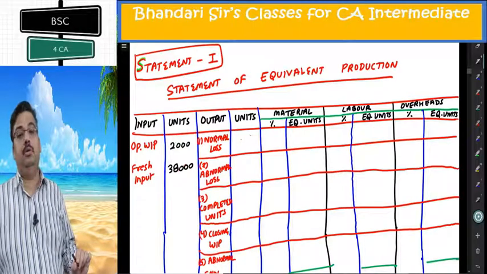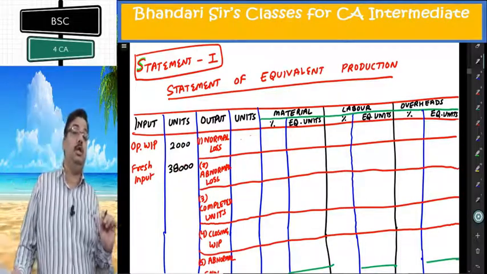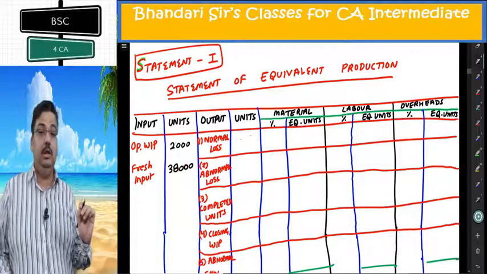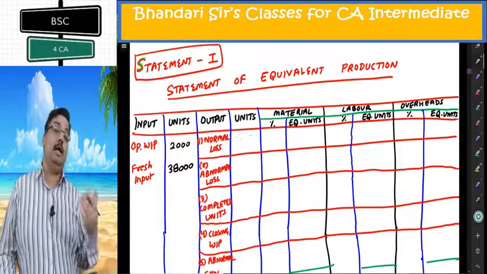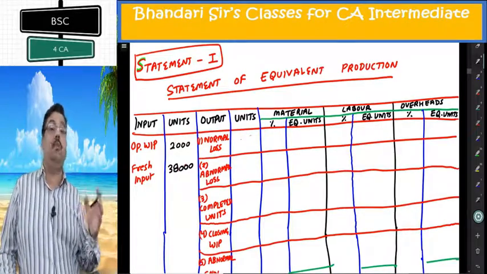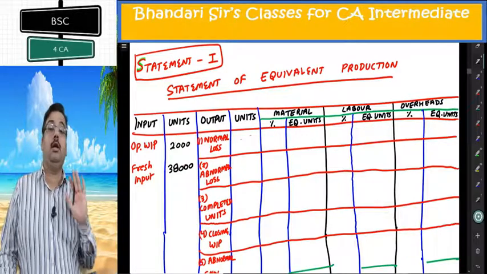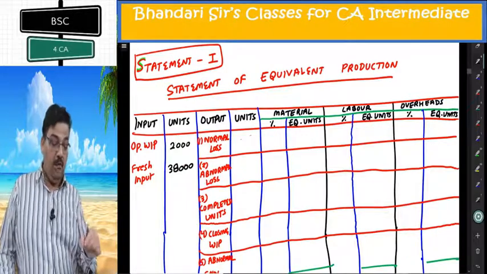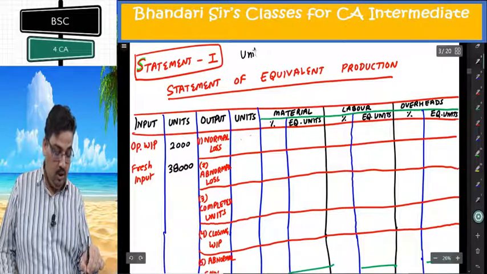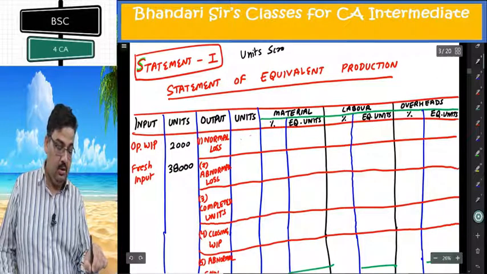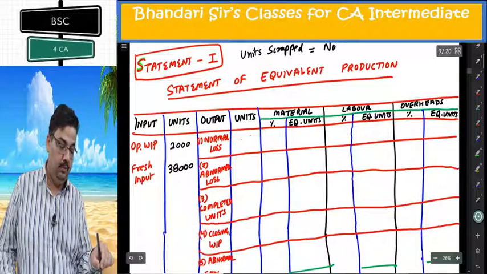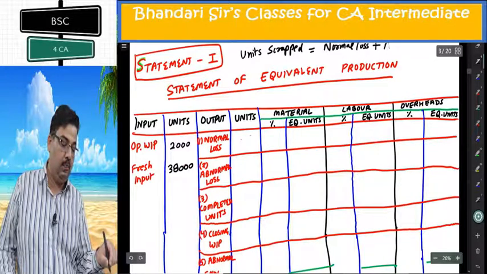Units scrapped. The moment the students see units scrapped 3,000, they try to put it against either abnormal loss or normal loss. That is totally wrong. Remember forever, units scrapped equal normal loss plus abnormal loss.